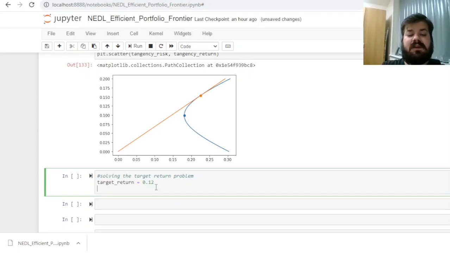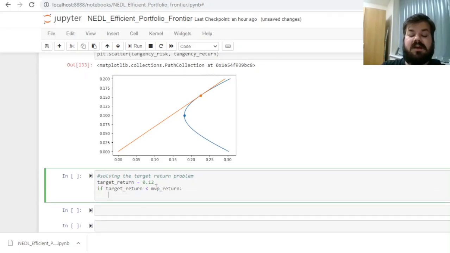And the first thing that you need to check is if the target return is below the minimum variance return, so MVP return, then actually we don't need to look any further, as the portfolios on the frontier with lower returns would have higher risks. So if our return target is very small, like 5%, why not have both lower risk and higher returns?